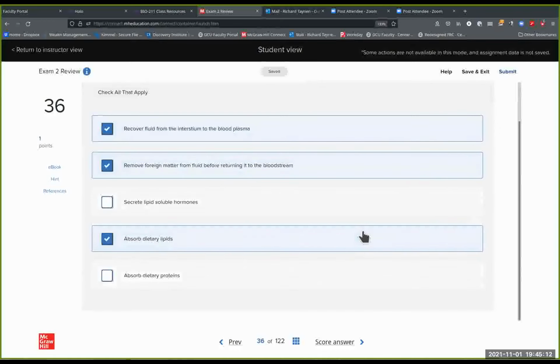So it's kind of a little collection or pouch that has lymphatics that run from the small intestine, collects lipids, and then they flow through the thoracic duct into the left subclavian vein. Don't need to know all that, but just know thoracic duct. I don't think you even need to know cisterna chyli.